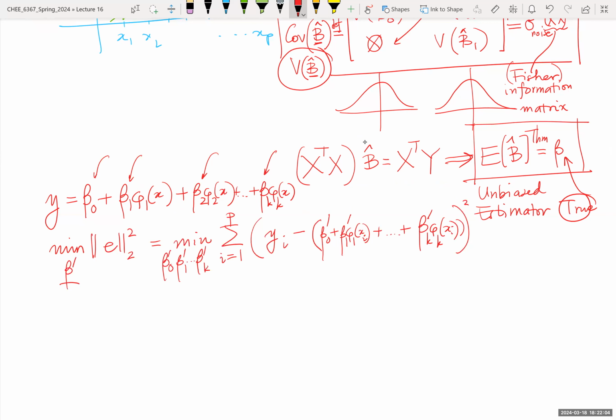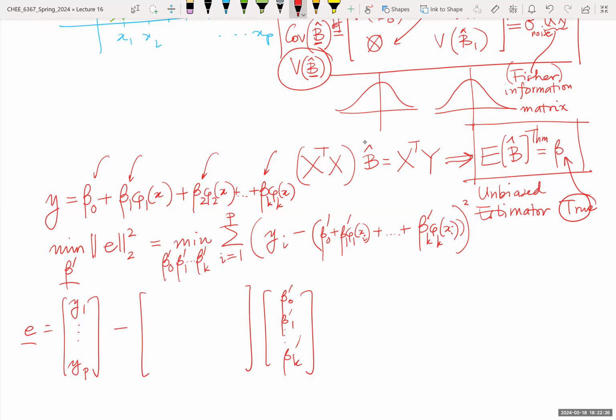It turns out you can write everything again as a vector matrix construct. So you have this minus that, which is the error vector. You need a matrix, and you have the parameters here, beta prime 0, beta prime 1, all the way to beta prime k.